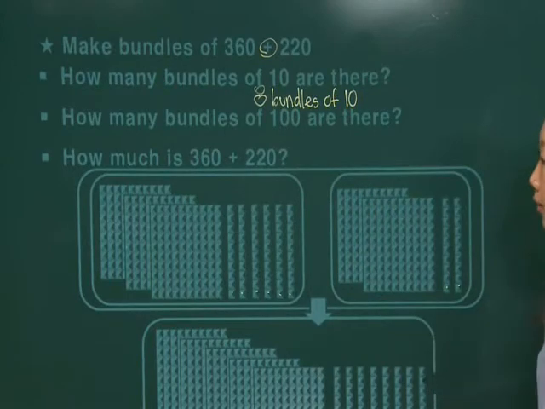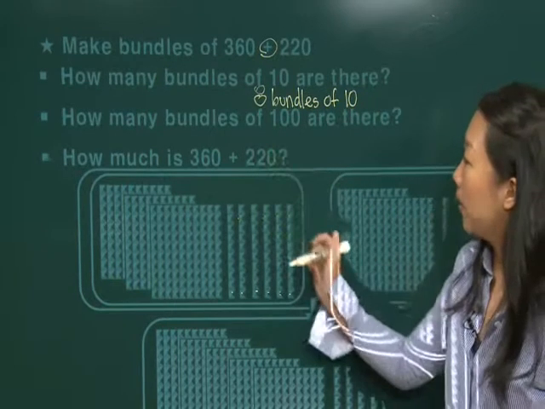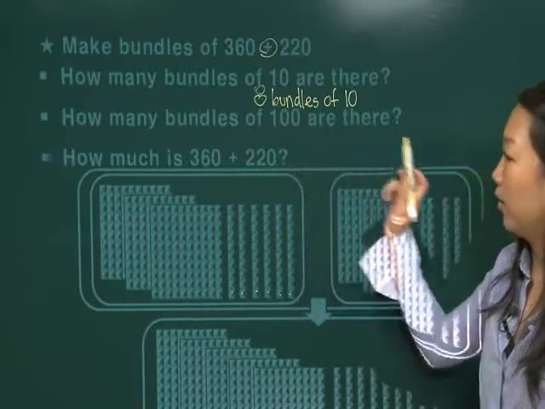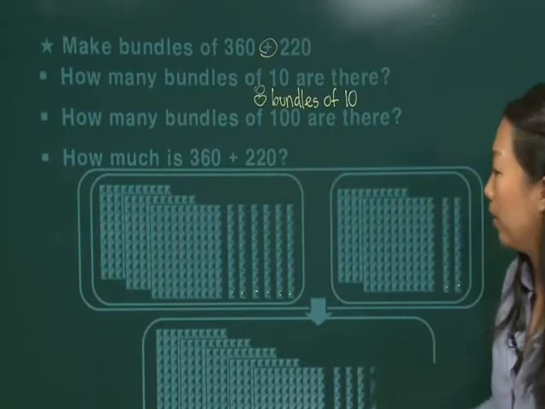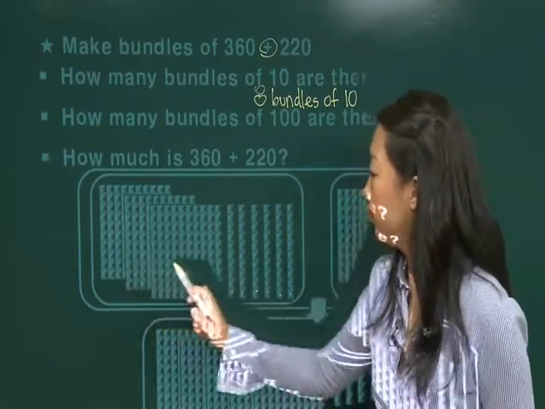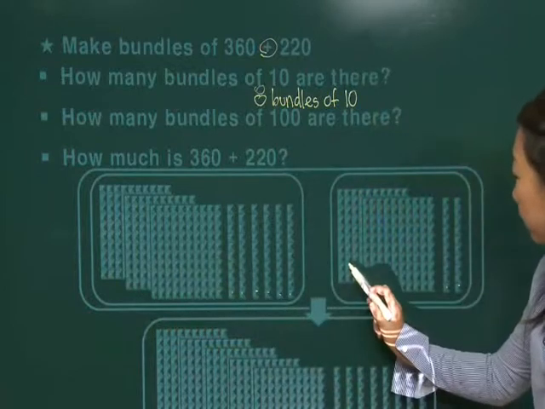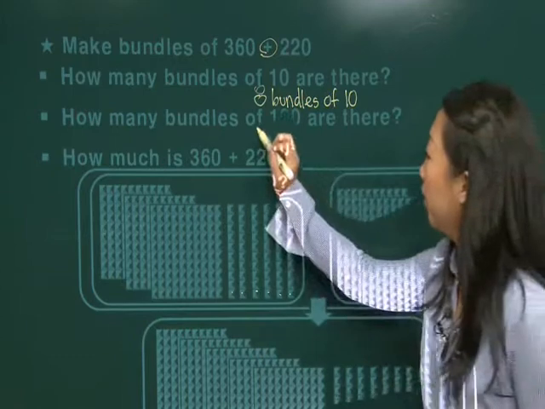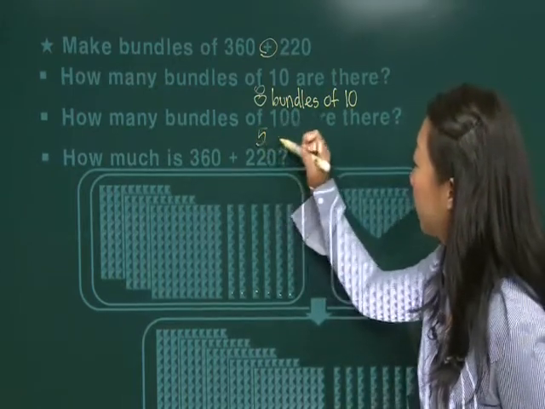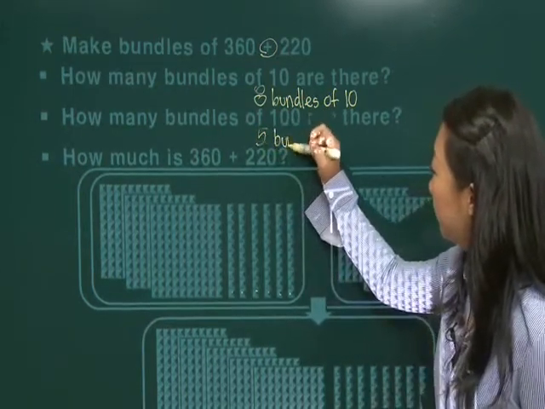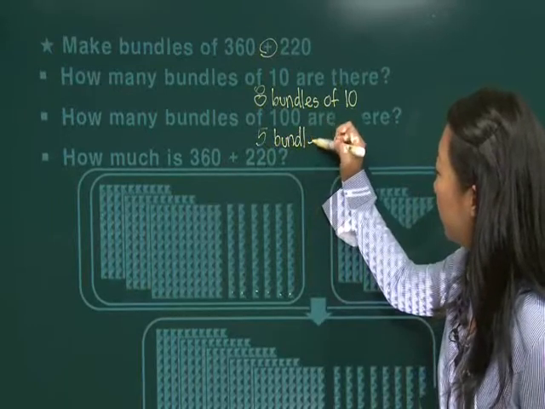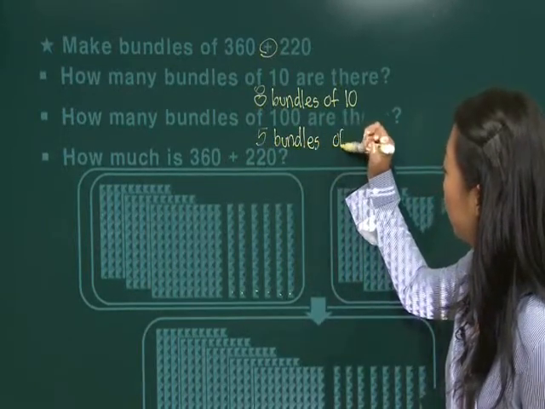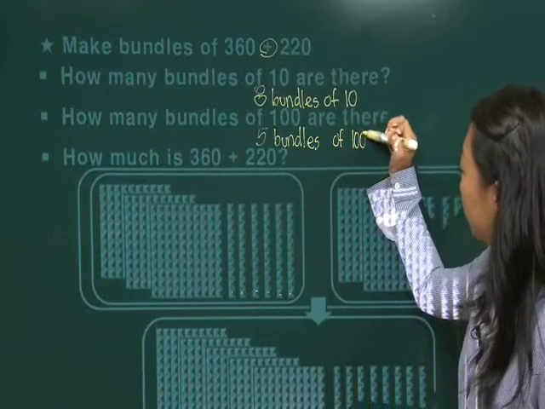Let's look at our next question. It says, how many bundles of 100 are there? Let's count. We have 1, 2, 3, 4, and 5. So there are 5 bundles of 100.